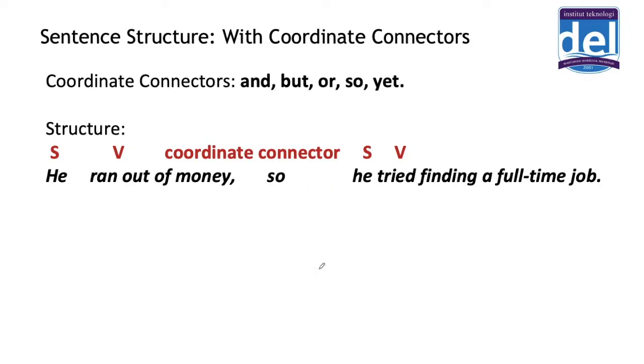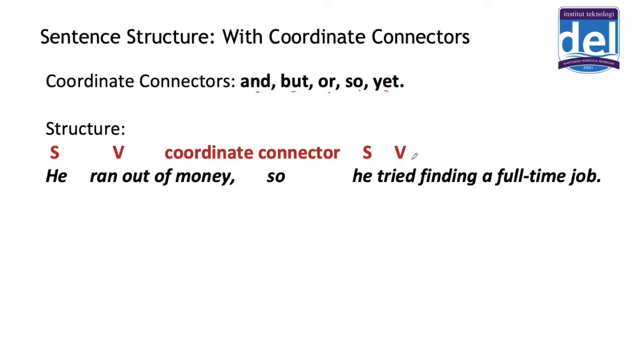One thing that you should be familiar with is the connector. That's why here I'm going to show you the structure of sentences with coordinate connectors first. Coordinate connectors are and, but, or, so, yet. Typically, the structure of a sentence with coordinate connectors is subject, verb, coordinate connector, subject, verb.